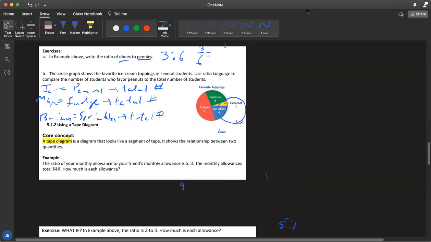A segment of tape, and it shows the relationship between two quantities. Oops, 1 second. Oh, your speaker's not working? Can you try to talk, Jerry? No luck? Here, now try to unmute and see if it works. I can't hear you. If you want to try to hop off and hop back on, that's perfectly fine, okay? Can you hear me? Can everybody else hear me? Yes. Okay, so it must be Jerry.